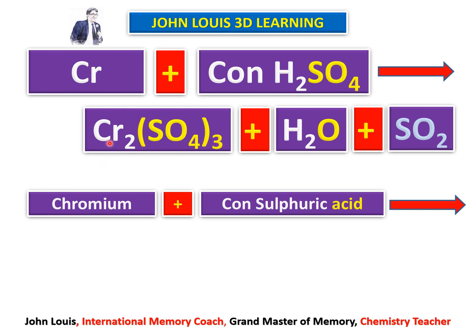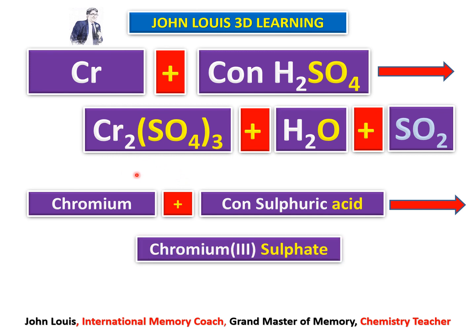Therefore, what should be the valency of chromium here? 3, because in writing the formula we are exchanging the valencies, am I right? Therefore, the valency of chromium should be 3 here. So it is chromium 3 sulfate, or it can be written as chromic sulfate. When we take the higher valency, the name should end with IC, so chromium becomes chromic. Therefore, chromic sulfate is also the correct name.